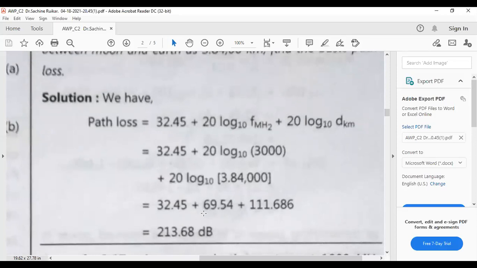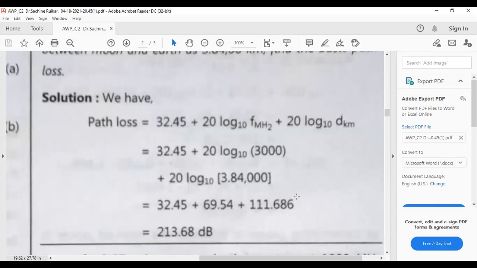If you do 20 log10 of 3000 with the calculator, you will get 69.54, plus 20 log10 of 3.84 thousand, you will get 111.686.